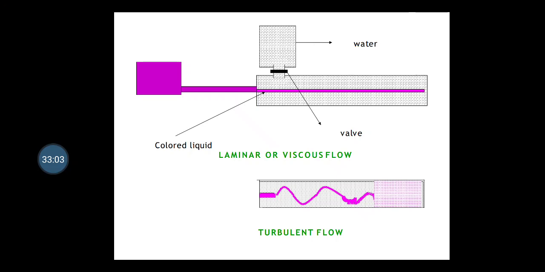In case of turbulent flow, in the glass tube itself, you will see that the flow of that colored liquid is laminar at the initial level, but afterwards it becomes very turbulent, or you can say zigzag in motion. That zigzag pattern is nothing but your turbulent flow, wherein you will not be able to judge what kind of force it has.